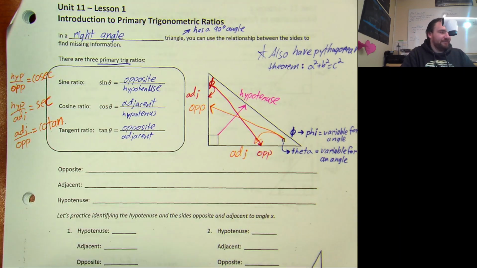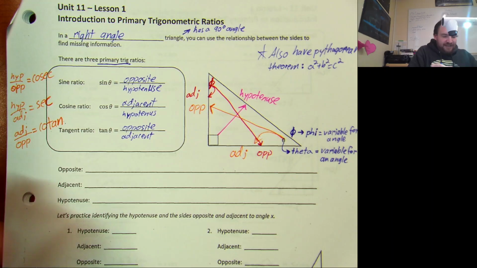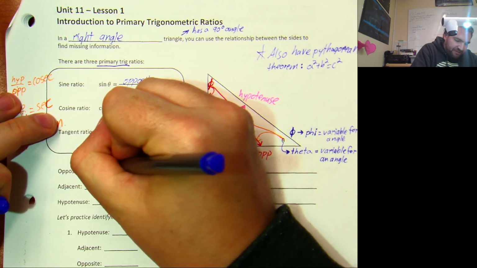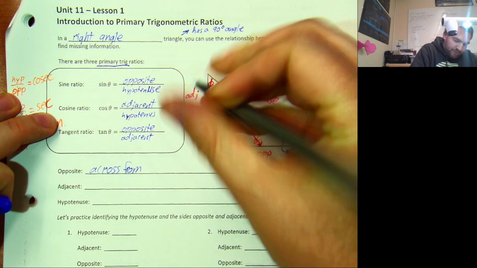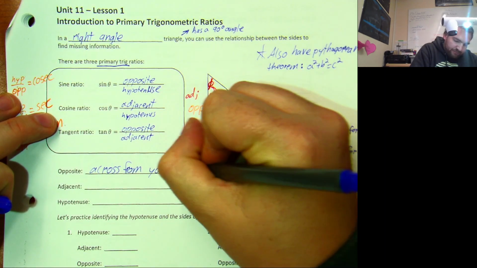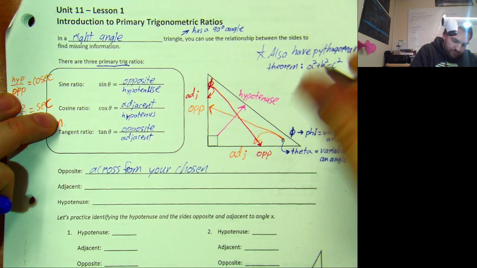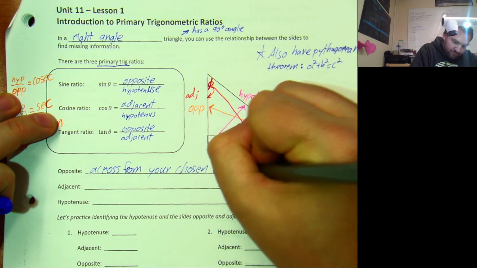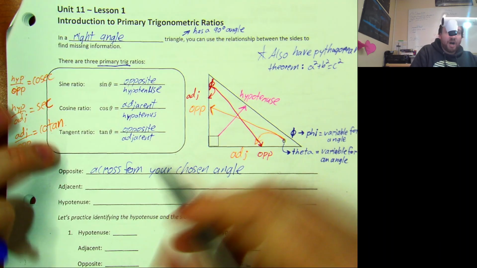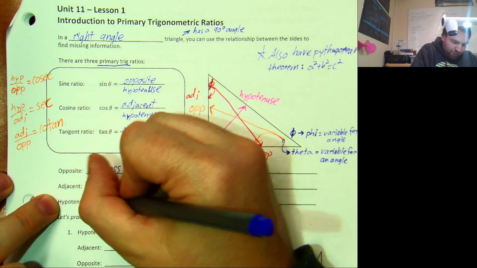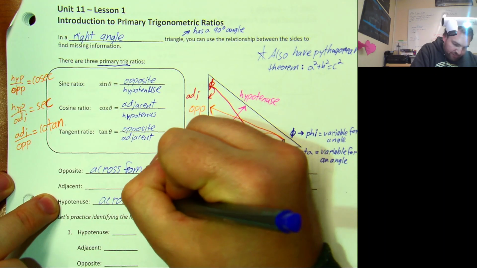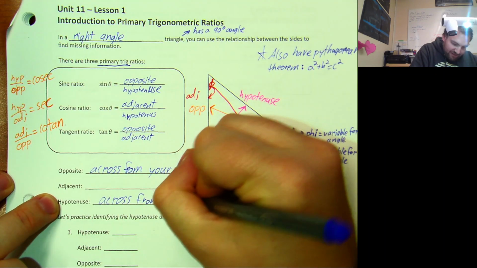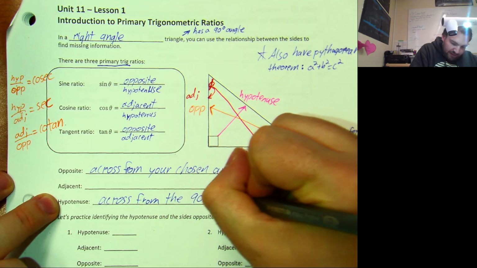No, don't write that down. So opposite is across from your chosen angle. The hypotenuse, let's jump down there, is across from the 90-degree angle.